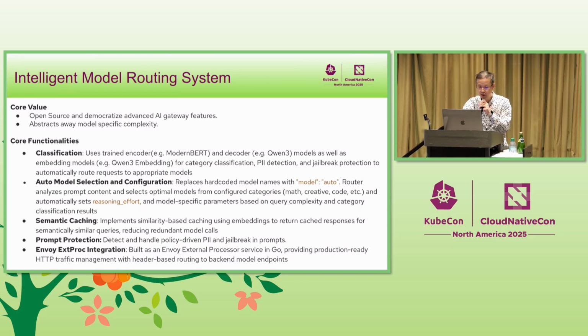And then very lastly, because this is a CNCF ecosystem project, we are using Envoy ExtProc extensively. One of the tricks in Envoy is that most of the projects in the Envoy ecosystem are written in Golang. And for certain reasons, Golang does not have a great ecosystem for machine learning.